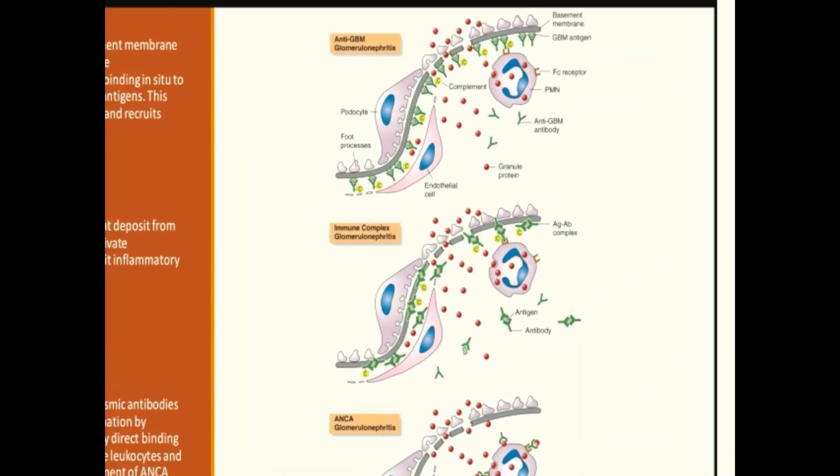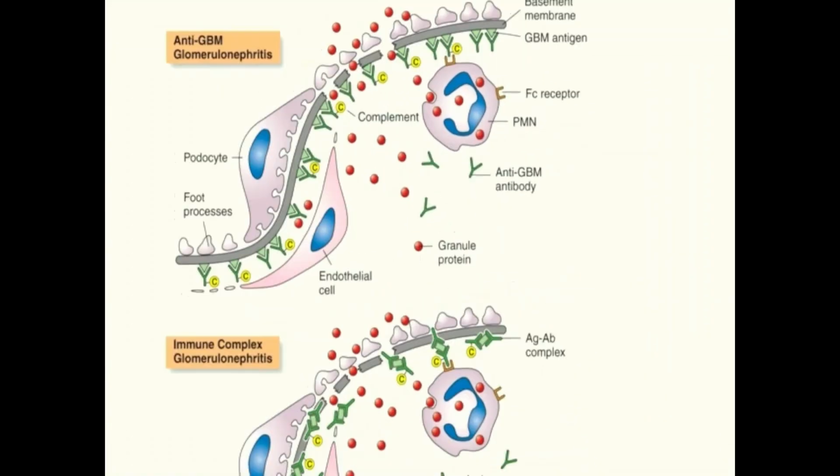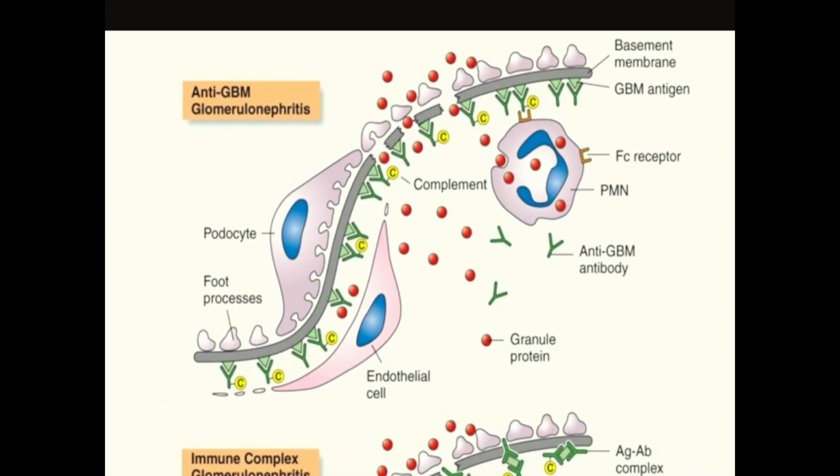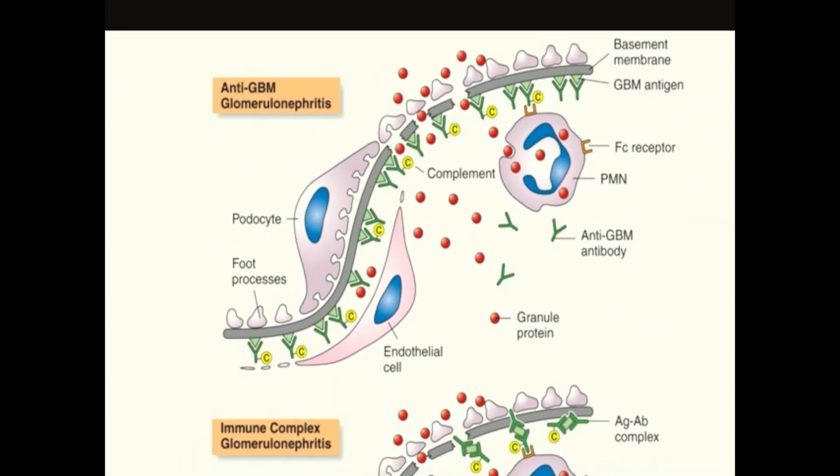So these are different types of glomerulonephritises and where they have their issues. The first one is anti-GBM, anti-glomerular basement membrane. So we're going to attack the basement membrane, which is right here. That's the basement membrane, and we have our GBM antigen right there, and we have the anti-GBM antibody in the green Ys.